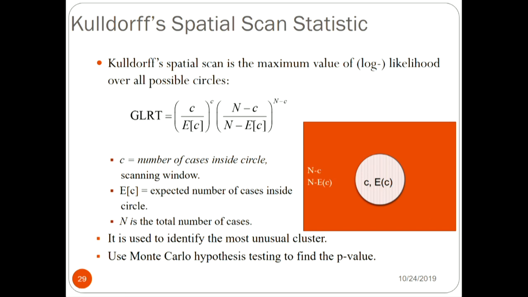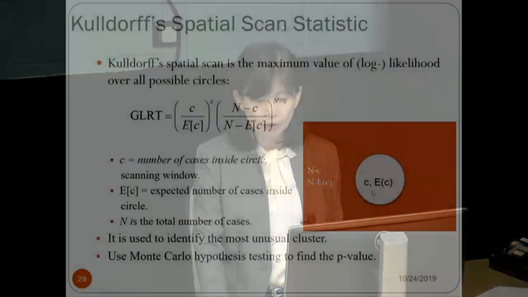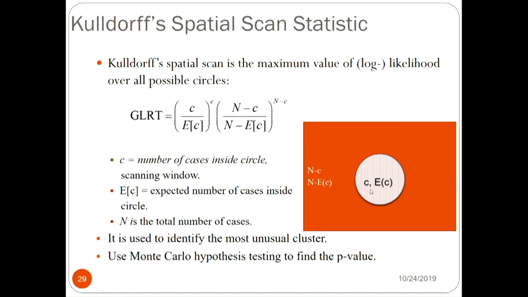So the cutoff type spatial scan statistic is a kind of conditional scan statistic. It's conditioned on the total number of events n being known. The total number of events usually is known. So if there are C events inside the circle, then there are n minus C outside the circle.